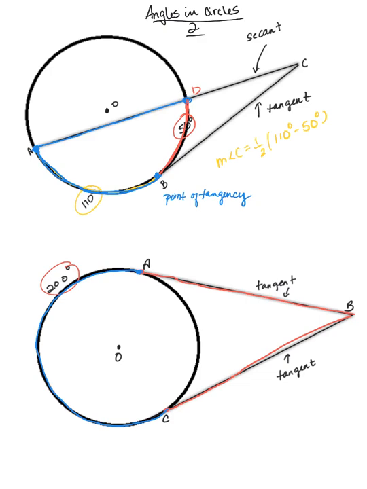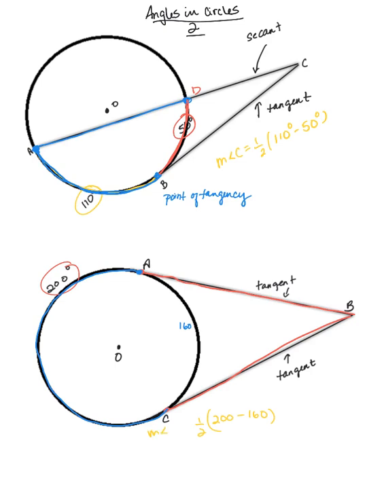So to get the minor arc, you know how many degrees there are in a circle. Therefore, arc AC, the minor arc, measures 160. The formula is the same as in the previous problem. You're going to do 200 minus 160 divided by 2, or half, whichever way you'd like to write it.